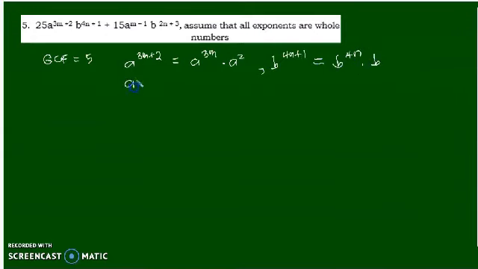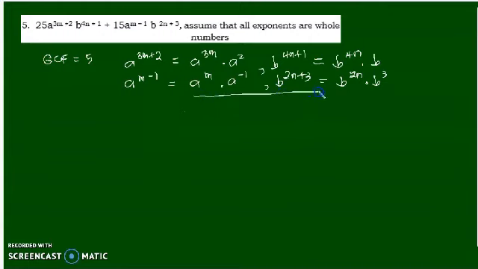And a raised to the power of m minus 1 can be expressed as a raised to the power of m times a raised to the negative 1. And b raised to the power of 2n plus 3 can be expressed as b raised to the power of 2n times b raised to the third power.